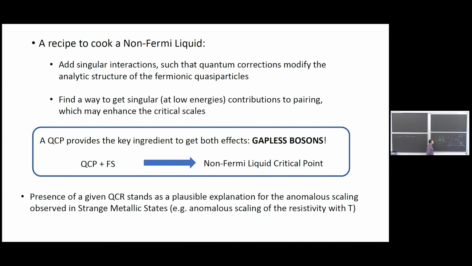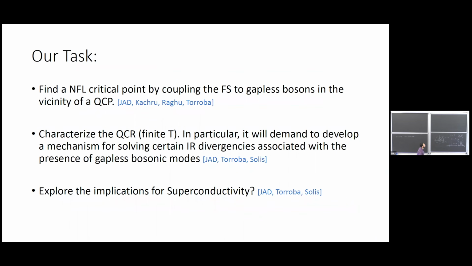So that's essentially the strategy we will follow after this quite long introduction. Our task will be, first, I will try to describe the critical point, which is non-Fermi liquid dynamics at zero temperature. Then we will heat up the model and characterize the quantum critical region.